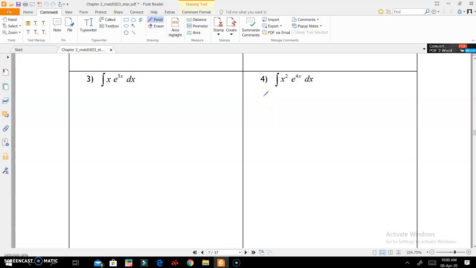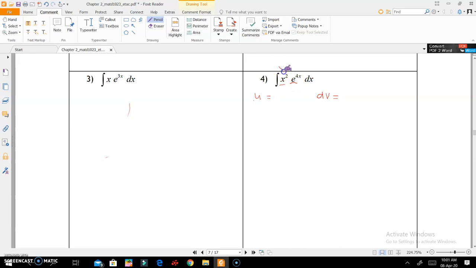Okay, so now we need to find two values: the first one should be the value of u and the second one should be the value of dv. So in order to find the suitable function, we need to determine the category of x and the category of e to the power of 4x.